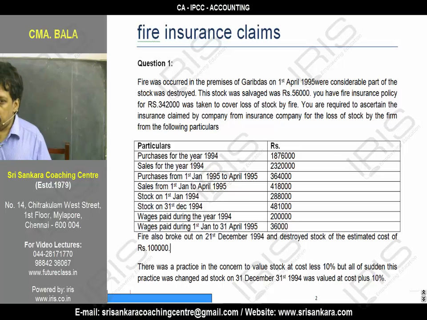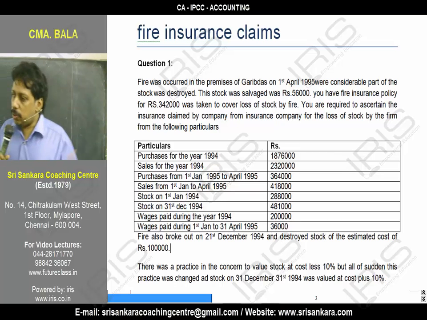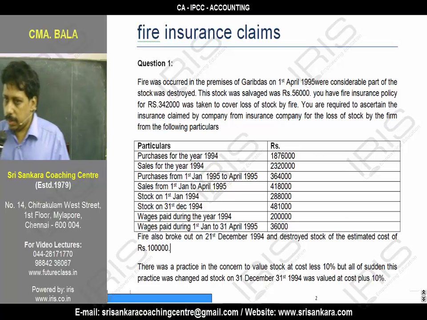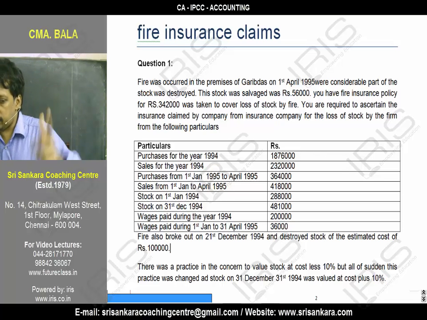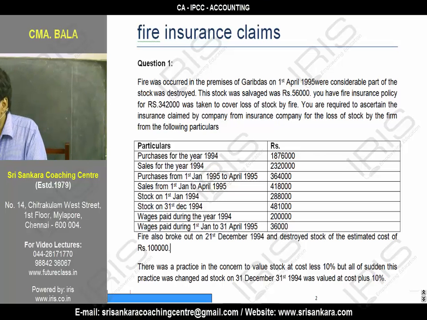Suppose the cost price is say 100. The goods are valued at 110, 10% above cost. On that 10%, how much? Rupees 10 extra, plus. So 110. So now you can say rupees 4 lakh and 84,000 represents 110. But I want to know what is the cost. So what is for 100? I can never value the inventory above what? Cost price.